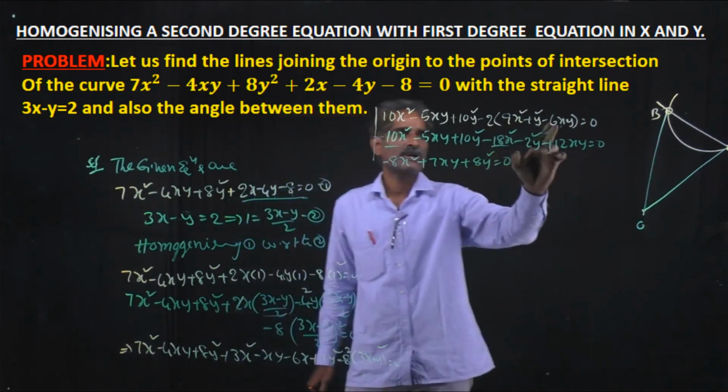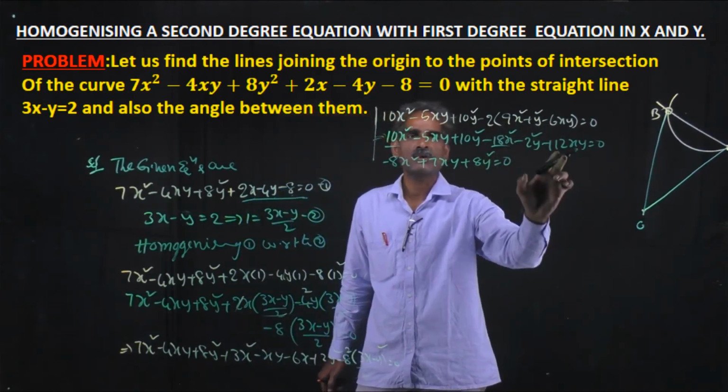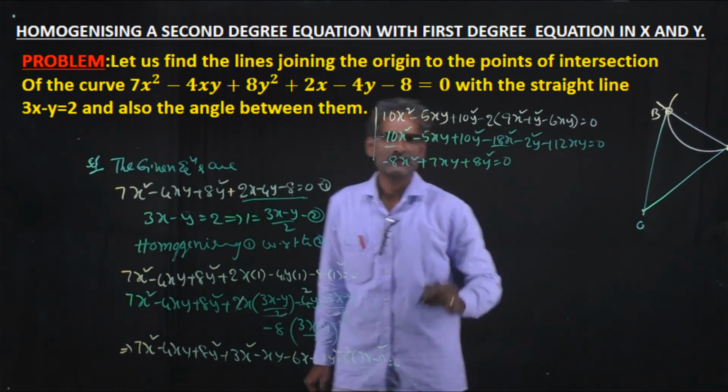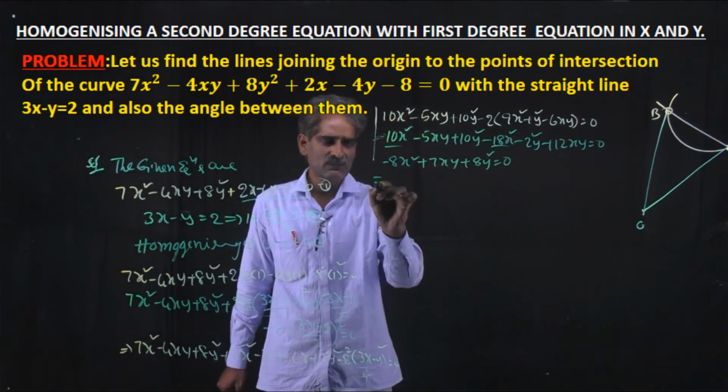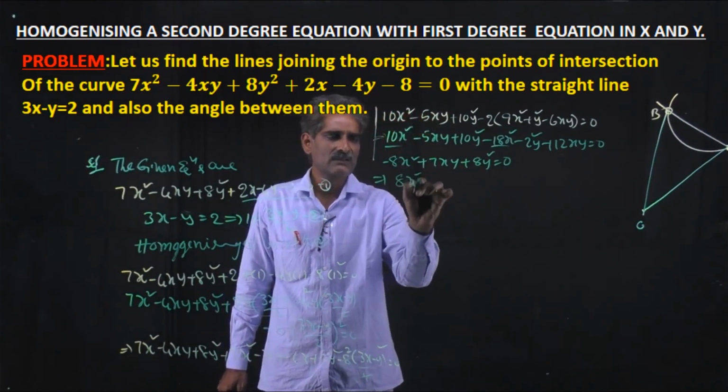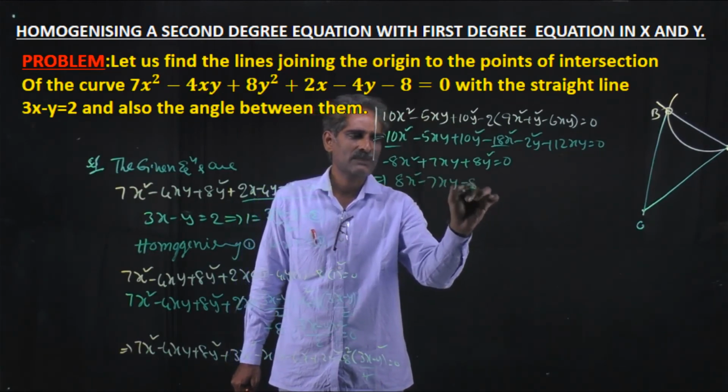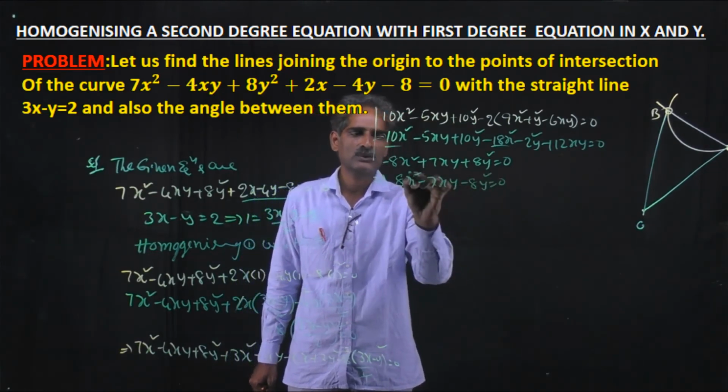Okay, so here we can write 8x square plus 7xy plus 8y square equal to 0.